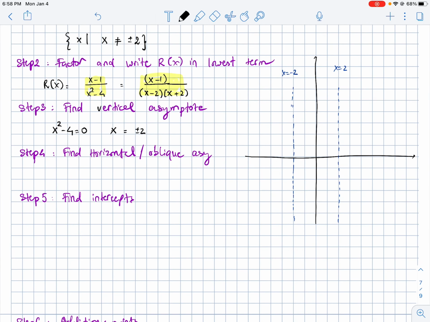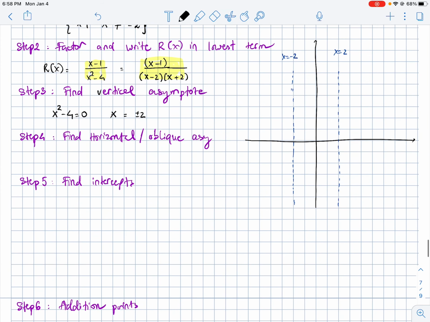For the horizontal asymptote, we need to look at the degree. The degree on the top, which is n, is 1. The exponent of the x is 1 on the top, the highest exponent. And the exponent in the bottom is 2 because you see x squared. So when n is less than m, the horizontal asymptote is y equals 0.